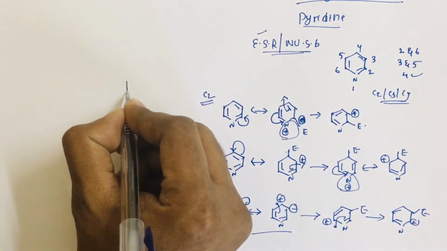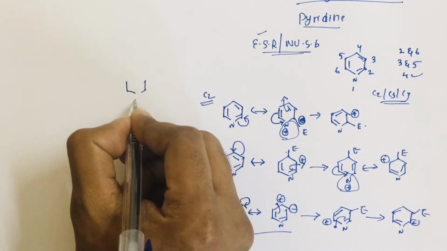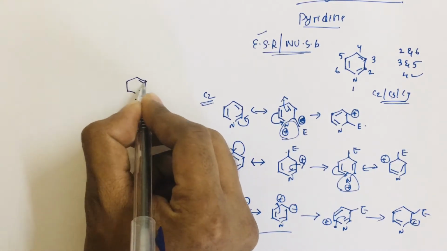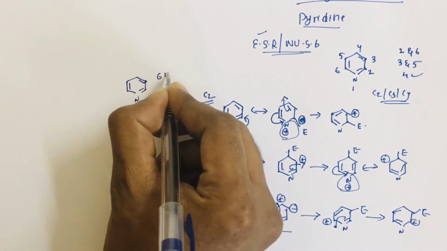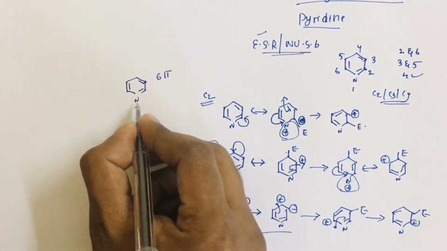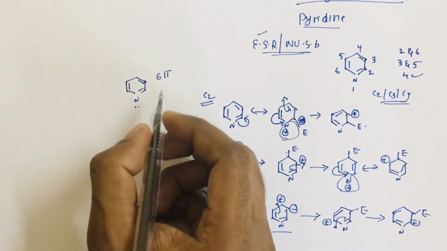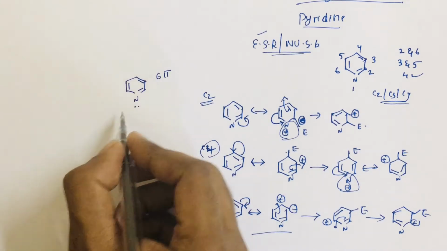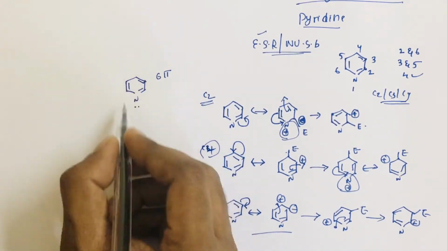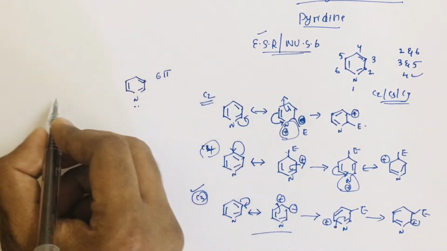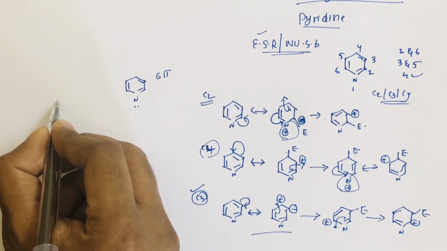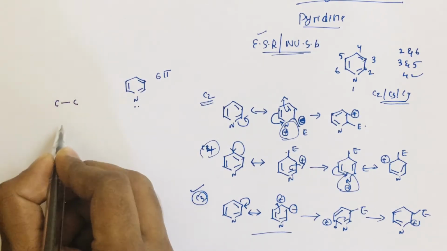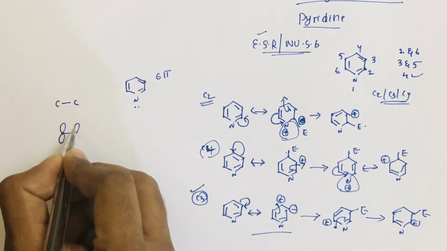Because when we saw the pyridine MO diagram, we have 6 pi electrons, excluding the lone pair on nitrogen. If you see the MO diagram, these will not be neutral. When we have a homoatomic molecule, the orbitals will have the same energy.